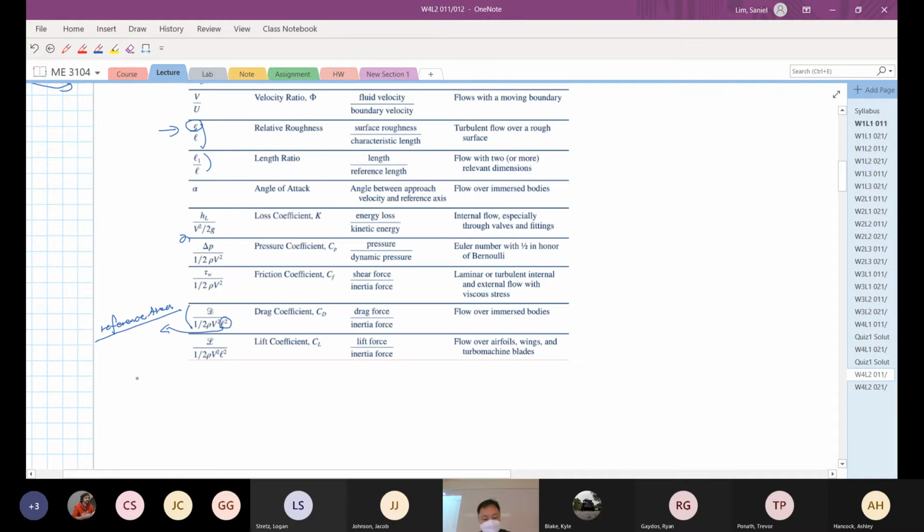For example, for the smooth sphere that we are dealing with in lab 2, we use the frontal area, just the cross-sectional area of the sphere, pi r squared, or pi d squared over 4, which I had a typo in the lab handout.